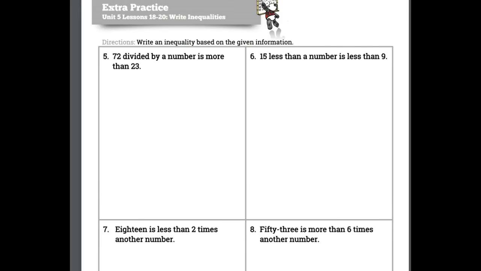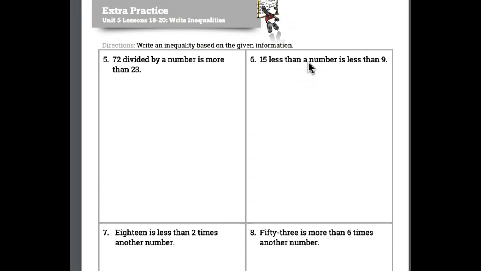Okay. 18, this is not saying less than a number. Let's go back and take a look at less than a number, not just less than. Less than is your inequality. Less than a number is subtraction.